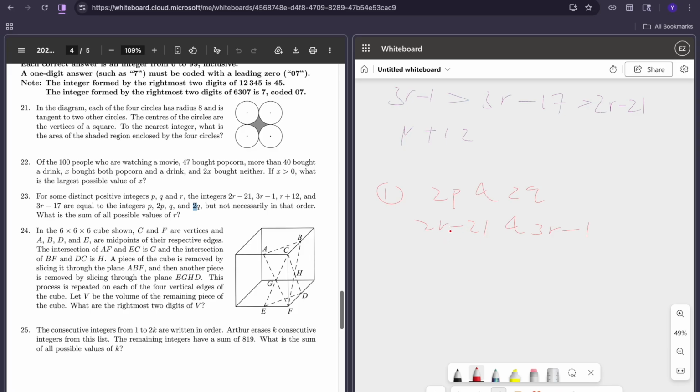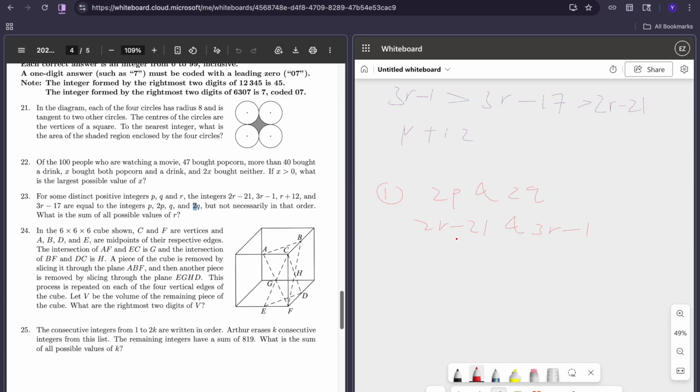So we say 2r minus 21 is bigger than r plus 12 and 3r minus 1 is bigger than 3r minus 17. This is the only case for 2r minus 21 to be the biggest number. Otherwise, it's impossible, because 2r minus 21 is always smaller than 3r minus 17 and 3r minus 1. The only number it could be bigger than is r plus 12.